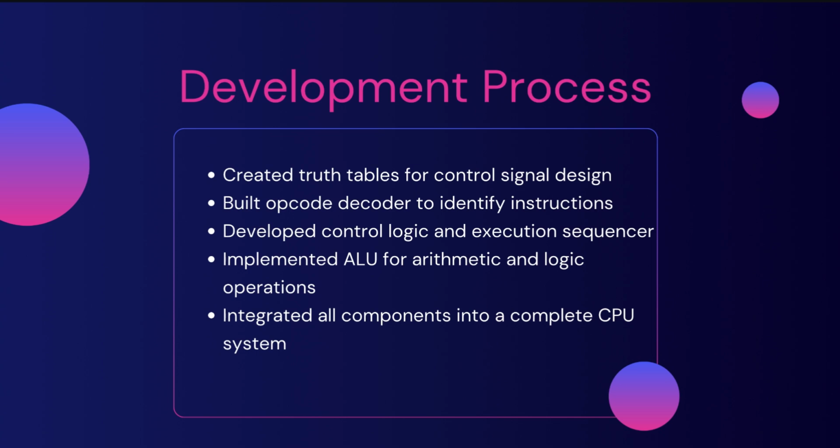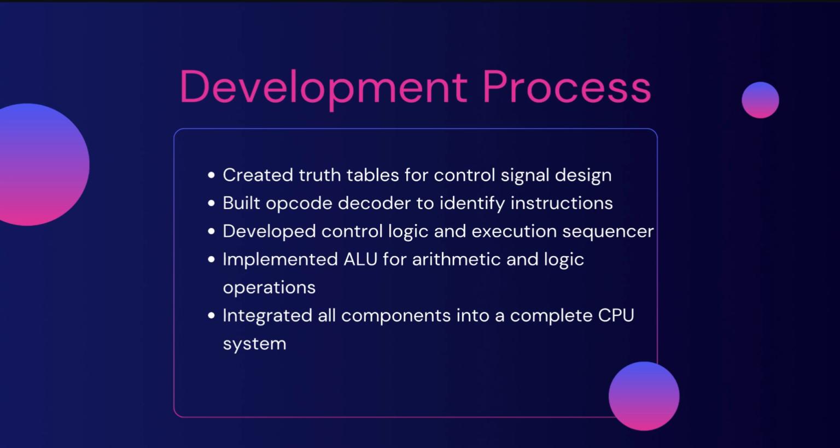Next, we built the opcode decoder. Its job is to read the instruction's opcode and identify which operation the CPU needs to perform, such as addition, subtraction, and data transfer. After that, we developed the control logic and execution sequencer.